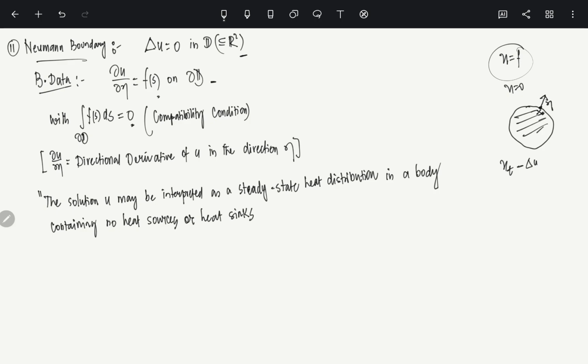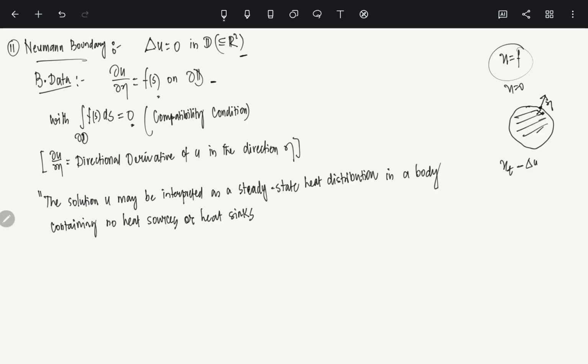Sinks means basically there is a hole where it drains down. So there is no source. Source means the heat adds up. There is nothing which adds the heat, and there is no sink, from which the heat releases out of the domain. There is no such condition. So the solution u represents the steady state heat distribution, how the heat is distributed in a body which does not contain any heat sources or heat sinks.